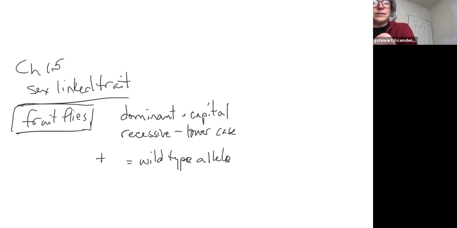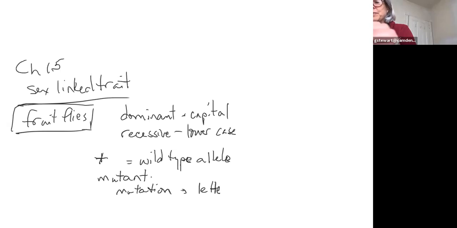So we designate wild type as a plus, and then the mutant or the mutation as the letter designation. So for example, if we're talking about a red-eyed fly versus a white-eyed fly, red eyes is the wild type allele.